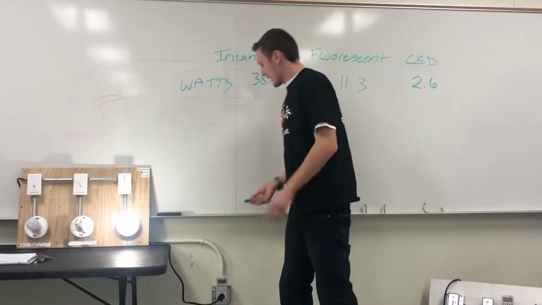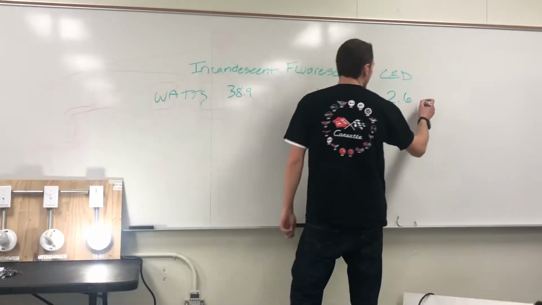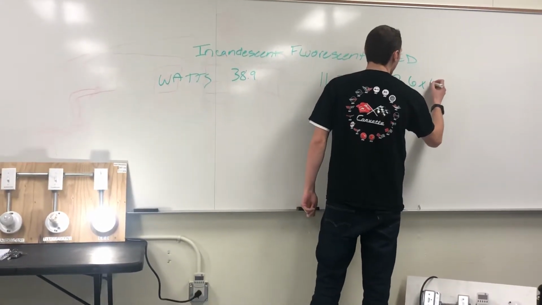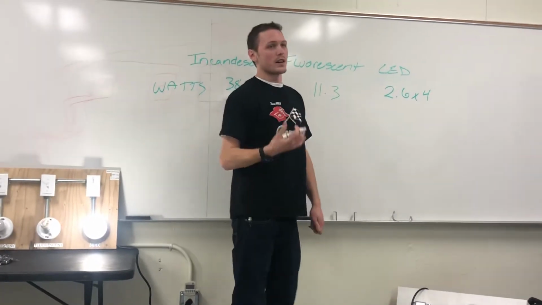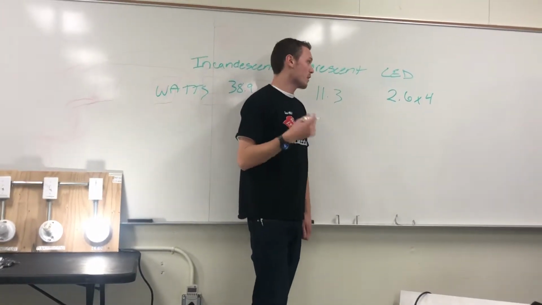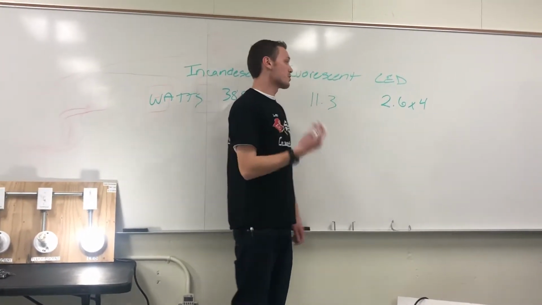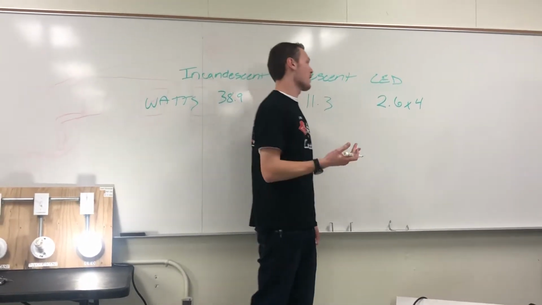Now you can take these numbers and multiply them by about 4 hours, which is the American standard for how long a normal light is on in a household in a given day. There's typically 40 lights in a normal household.